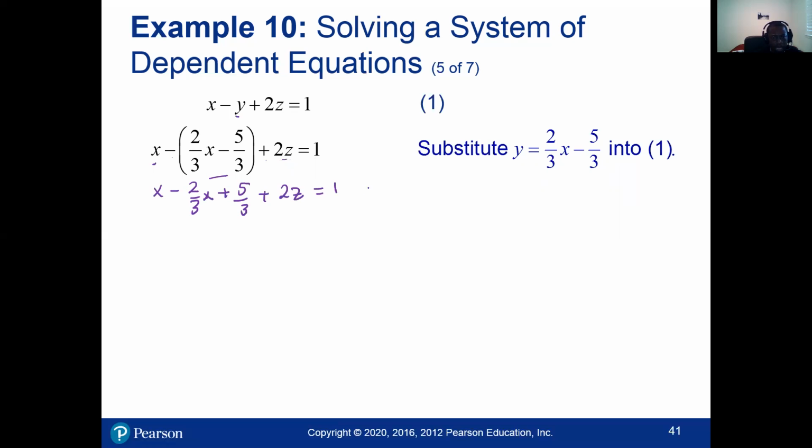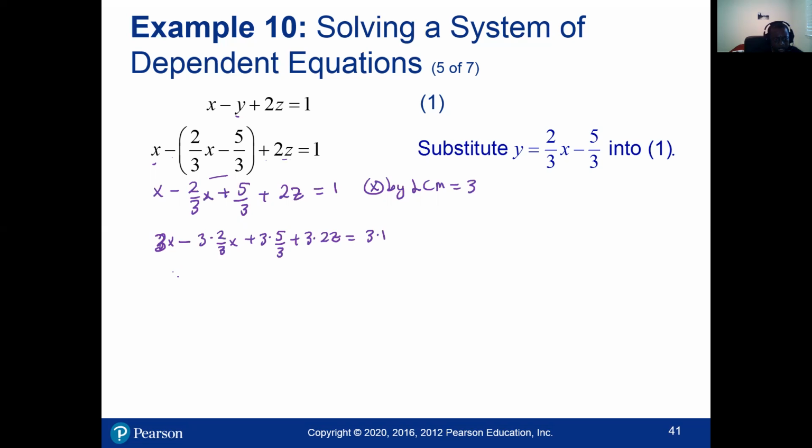Now I can multiply by the LCM, which in this case is 3. So this will be 3x minus 3 times 2 over 3 x plus 3 times 5 over 3, then plus 3 times 2z equal to 3 times 1.